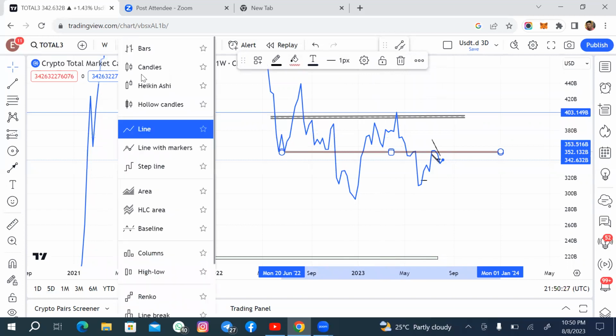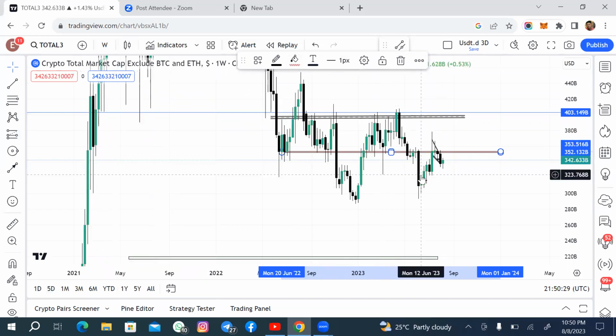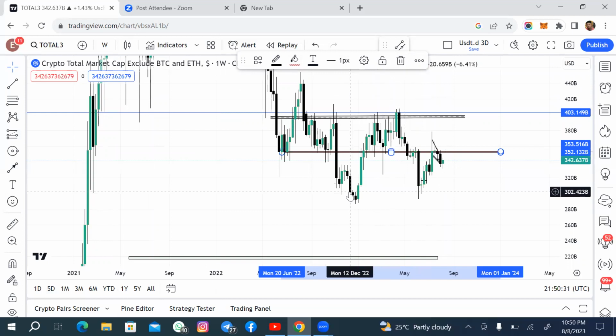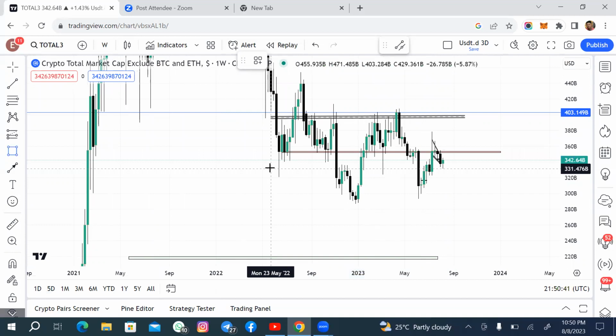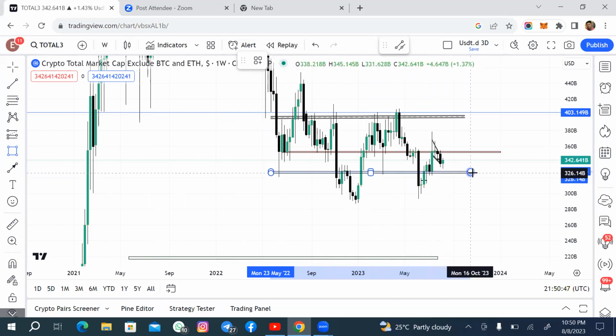Yeah. So now if we look very closely, we also see a typical formation here again. Have another key level right here.